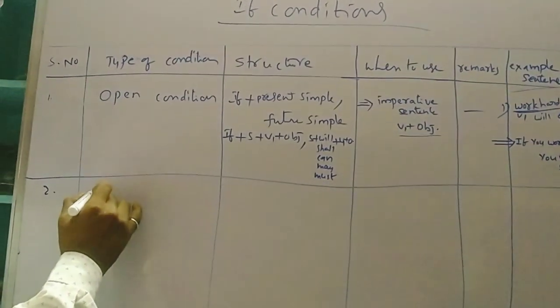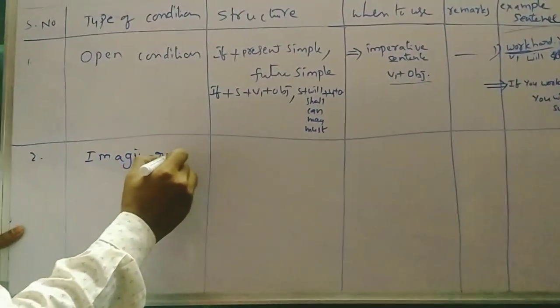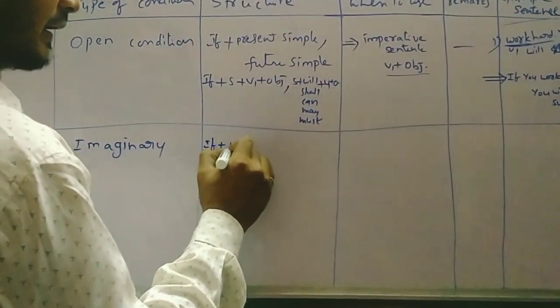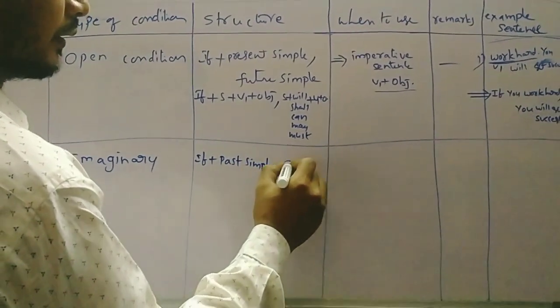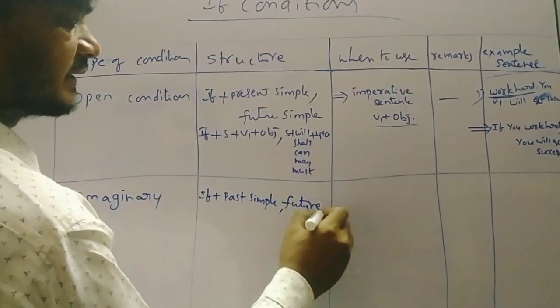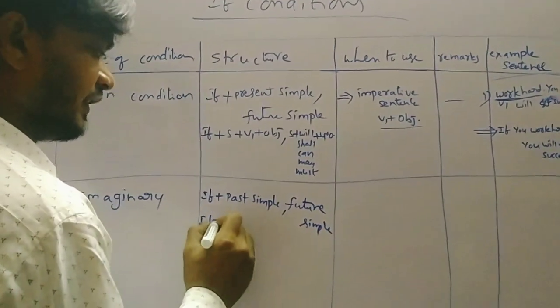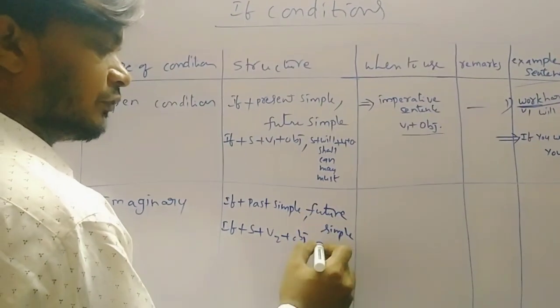The second condition is the imaginary condition. The structure is if plus past simple, and the main clause is future simple. Past simple is nothing but if plus subject plus V2 plus object.